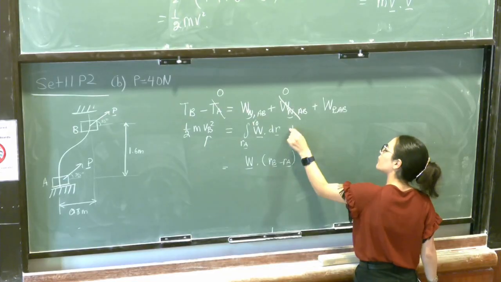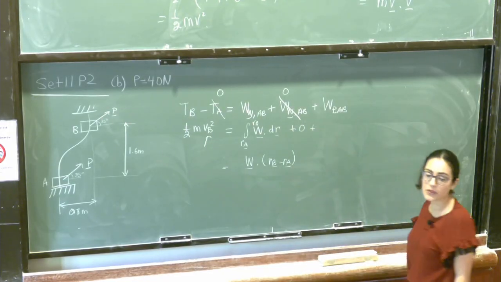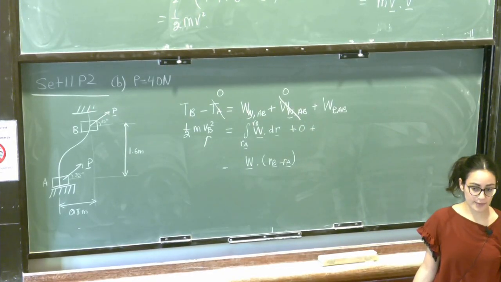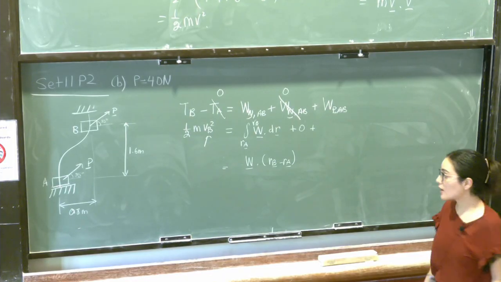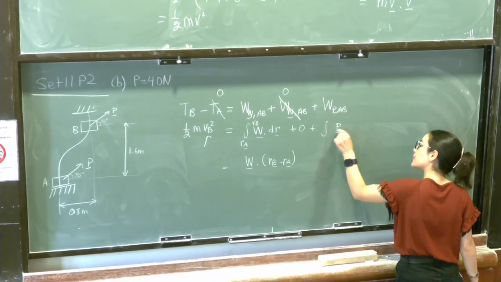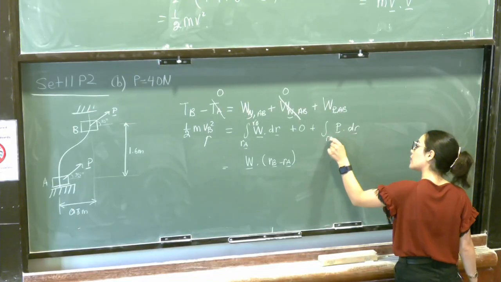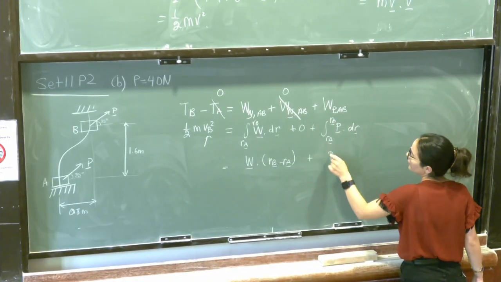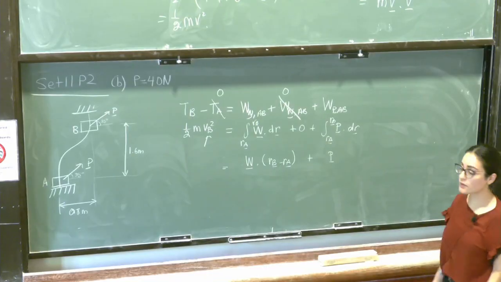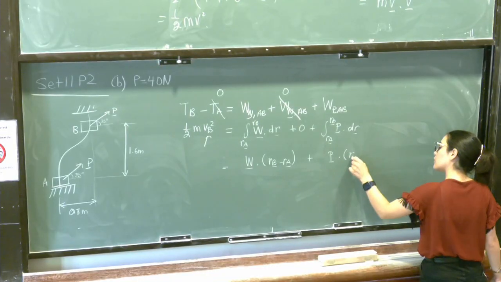What about the work of the force P? How do I calculate that? Same way. So that's the integral of P dot dr from Ra to Rb. So P is also a constant force, so that's just P dot Rb minus Ra.